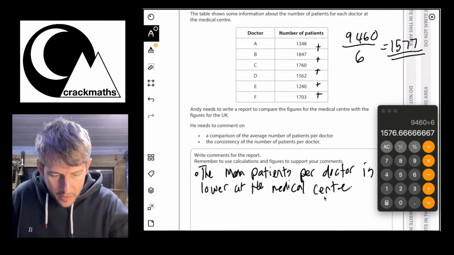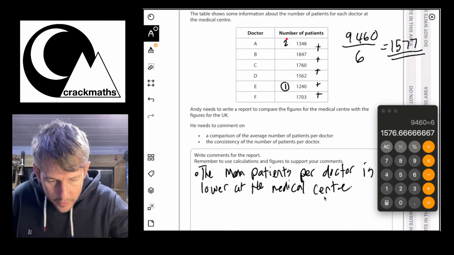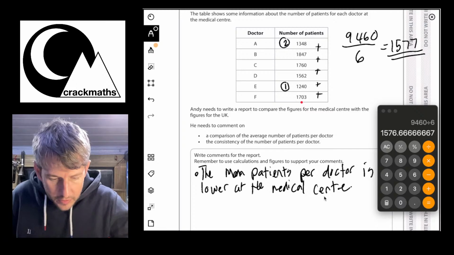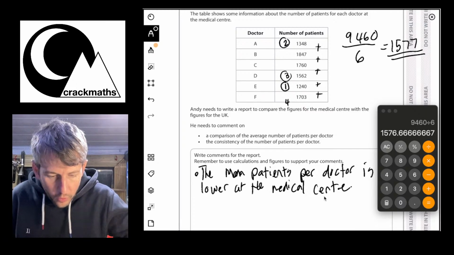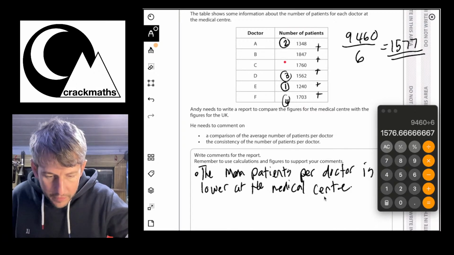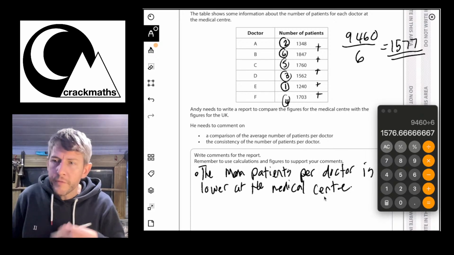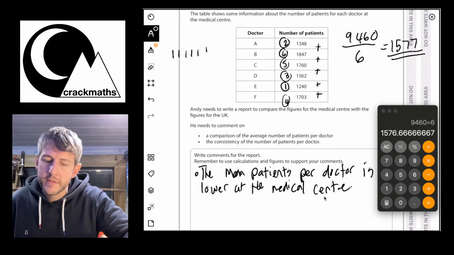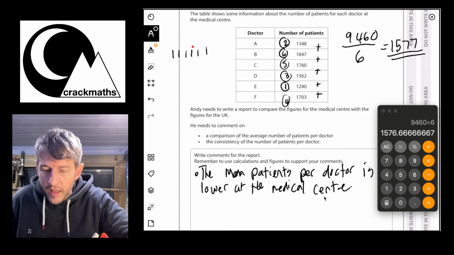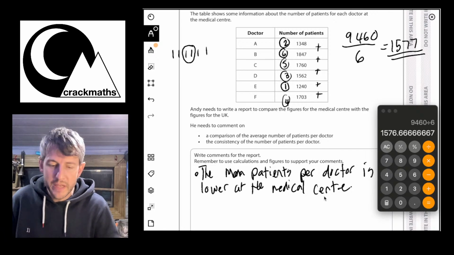So I can see that this is the lowest. 1, 2, 3, 4, 5, 6. Okay, so when you've got 6 pieces of data, the median is the value that comes in between the middle 2.